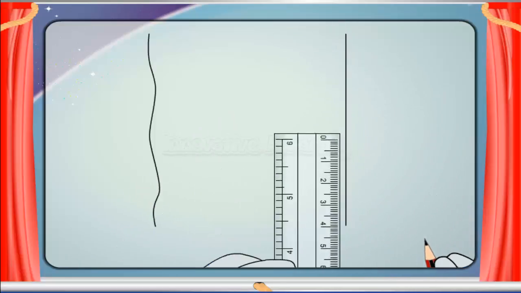Look at this line very carefully. What does it look like? And what is the difference between the lines that I drew with my hand and the line that I drew with the help of a ruler?